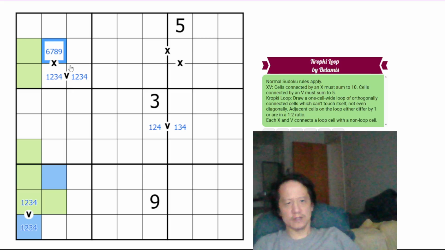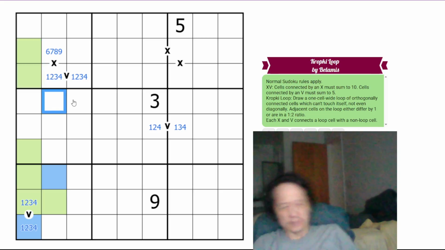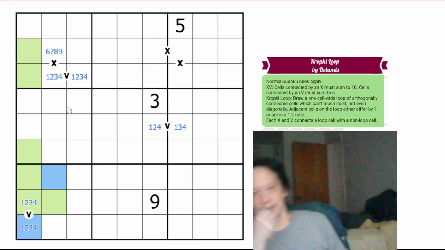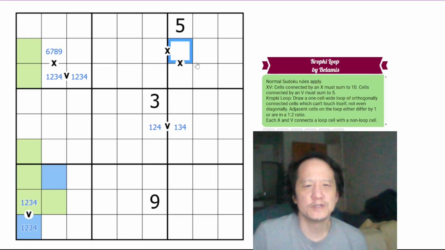If this is not on the loop, this is not on the loop, this is on the loop. So it cannot go to here. So it would have to go here, then not here. What about here? If this is on the loop, that means the others are not.